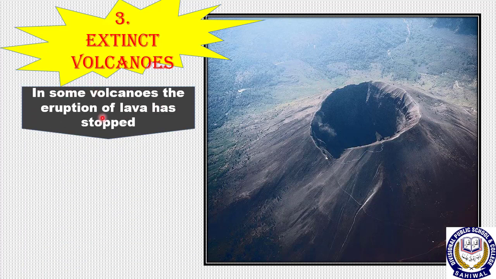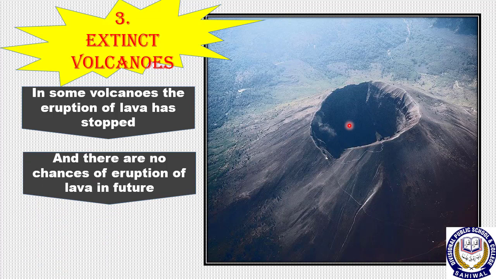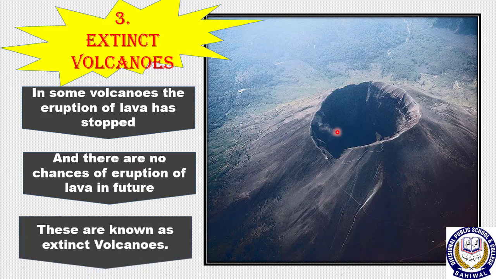In some volcanoes, the eruption of lava has stopped, as shown over here. There is no evidence for eruption of lava, and there are no chances of eruption of lava in future. These are known as extinct volcanoes.